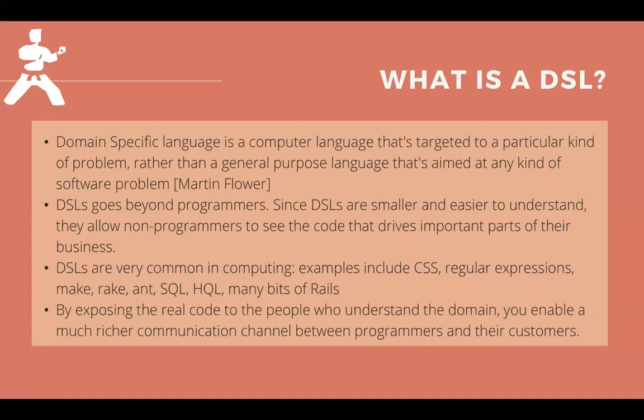When you say three amigos, it means a product owner, a business analyst, and a developer, or a business analyst or a tester and a developer. The product owner will write some statements and say, as a user, I want to achieve this.